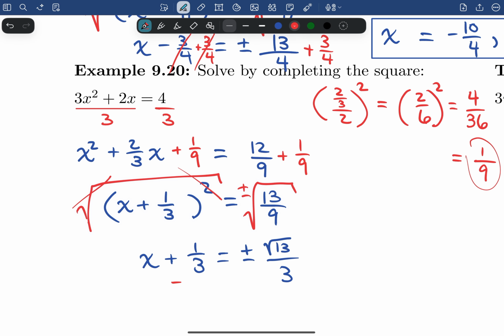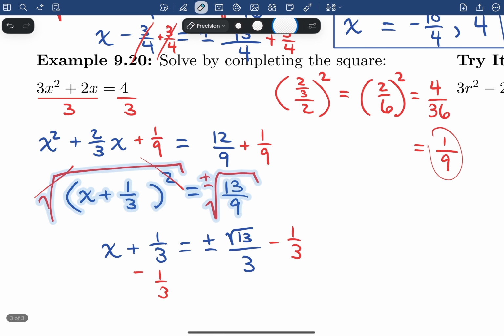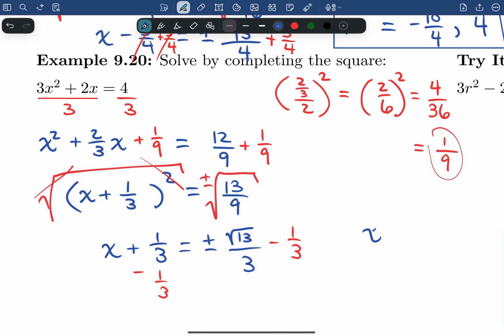And I'm now going to subtract 1/3 from the left side to the right side because we are trying to solve for x. And I find out that x is equal to, well, negative 1/3 plus or minus the square root of 13 over 3. I've got two solutions.